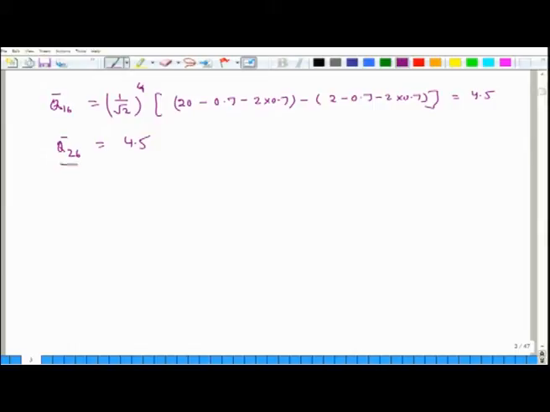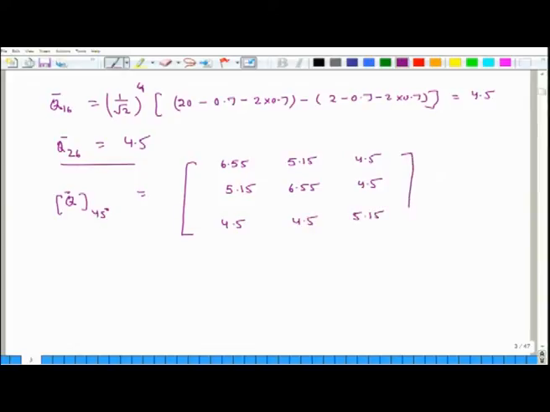So, the Q bar matrix for the 45 degree layer is this: 6.55, 5.15, 4.5; 5.15, 6.55, 4.5; 4.5, 4.5 and 5.15 GPa.